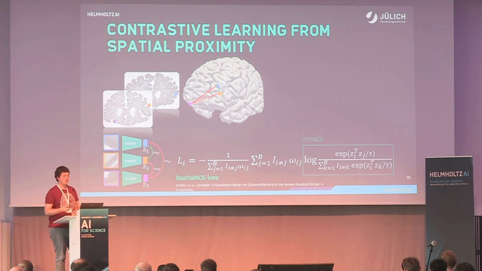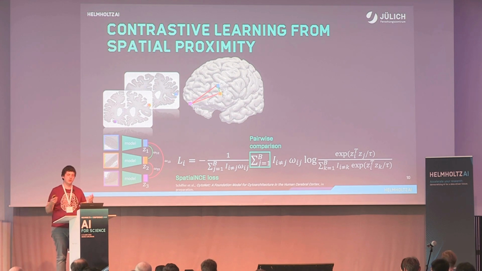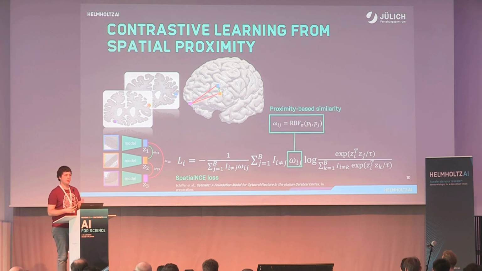An important difference to many other methods is that here we don't only always compare two samples, but we do a pairwise comparison across the entire batch, because we can compute distances between any samples that we have. So why not also do that? And the most important difference is that instead of having a binary similarity relationship, like you have, for example, in SimCLR, where you say two samples are either similar or not similar, we derive a continuous notion of similarity, which is based on the Euclidean distance.